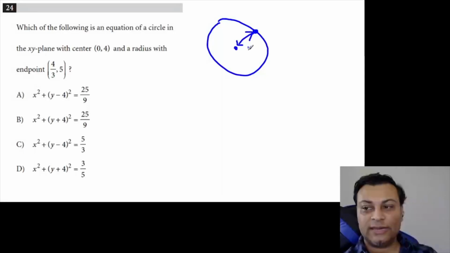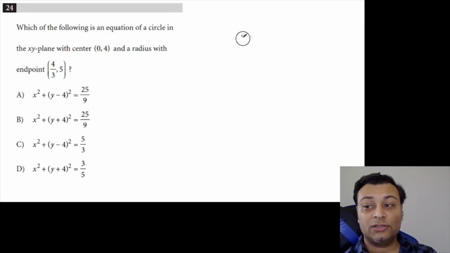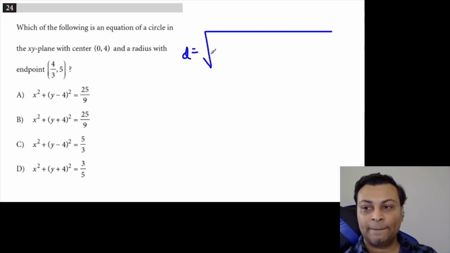But the actual radius would be the distance between those two. So let's use the distance formula. The distance is the square root of the difference in the x-coordinates and the difference in the y-coordinates. The x-coordinates are 4/3 and 0, so 4/3 minus 0. And the other one is 5 minus 4.